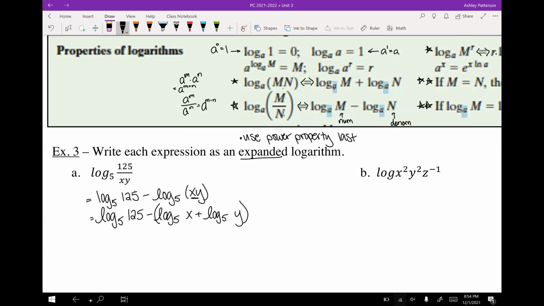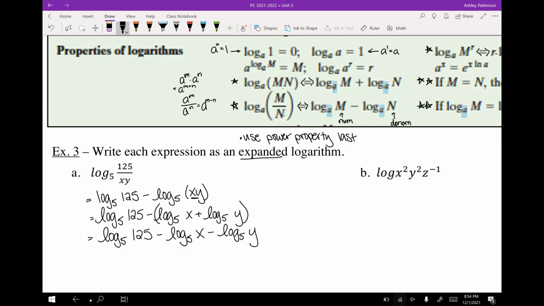I know I say this a lot too. Be really careful with your quantity symbols with your parentheses. All right, let's keep going. I'm going to say the log base 5 of 125, and we're going to distribute that negative. So minus the log base 5 of x minus the log base 5 of y. All right, I don't see any more quantities. So you always need to ask yourself if there are any more quantities.